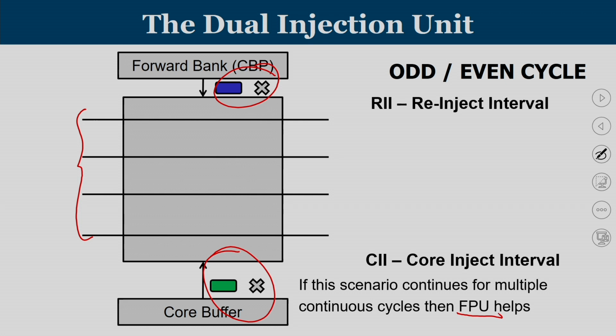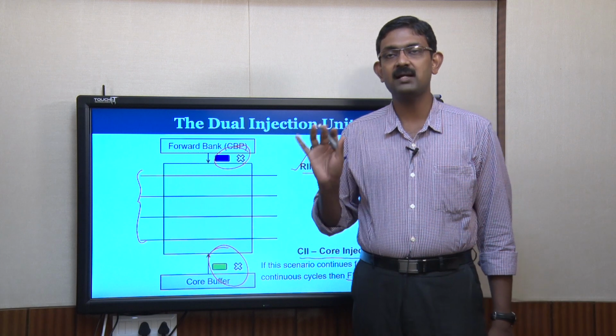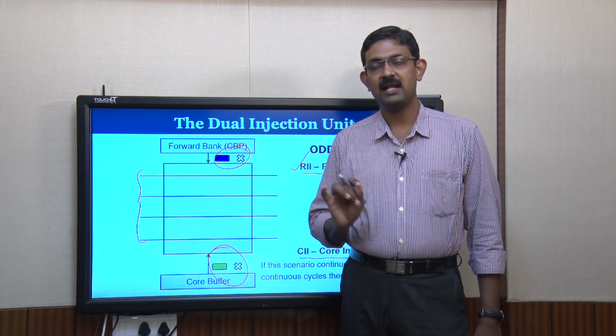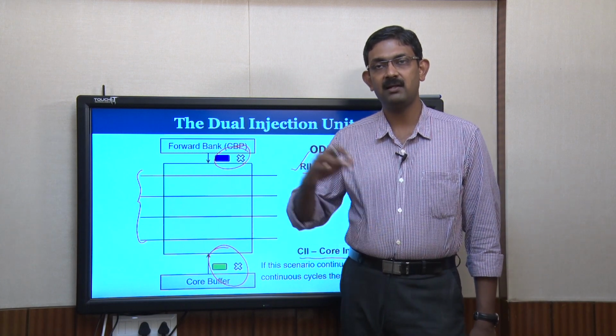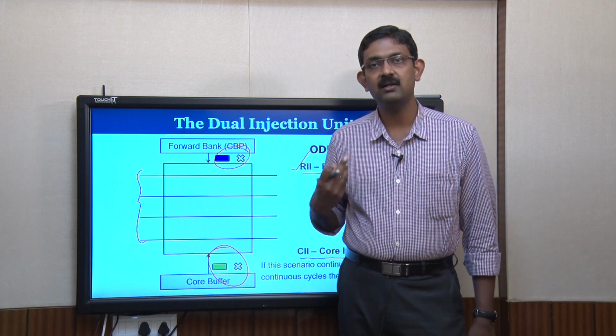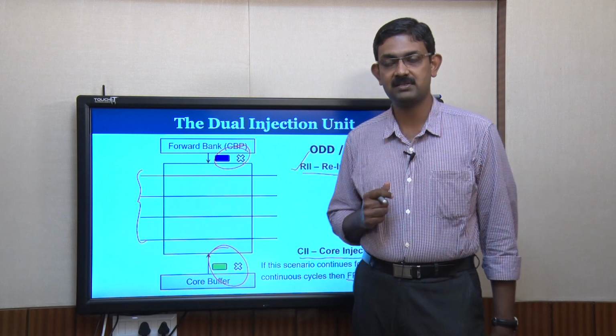We define two components, one called the re-inject interval, the other called the core inject interval. The re-inject interval is defined as the number of cycles at most starvation can happen. So, if the re-inject interval is equal to 2, that means a flit in the side buffer will wait at most 2 cycles. If for 2 cycles it is not getting an entry into the router pipeline, then preemption happens, leading to a way for the starved flits.